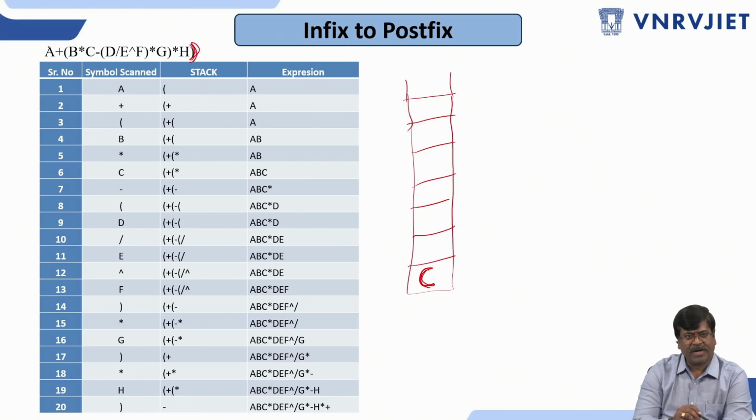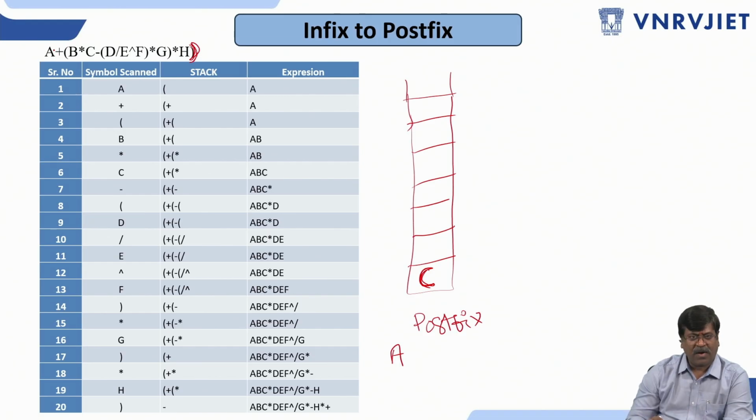So first you are encountering A. What is A? A is an operand. So simply you can add that operand to your postfix expression. So that is A. What is the next symbol I am having? Plus.